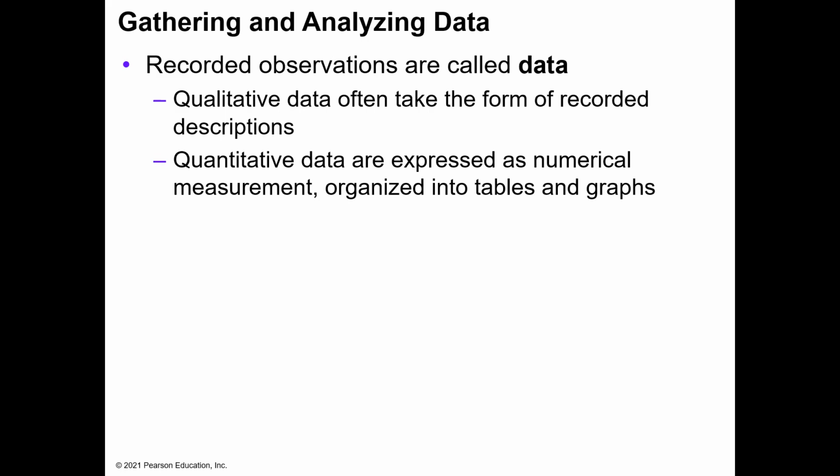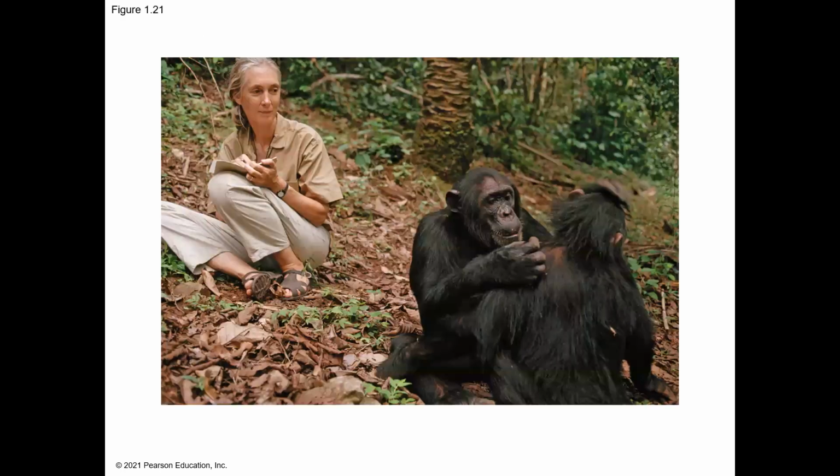The other form of data, probably the easiest to wrap your head around, is quantitative data, where it's expressed usually as a number. It's something that's numerical, it's something that's measured, and it has to be recorded and organized. We like to show quantitative data as tables or graphs to help visually understand the information. But those are the two forms of data collection.